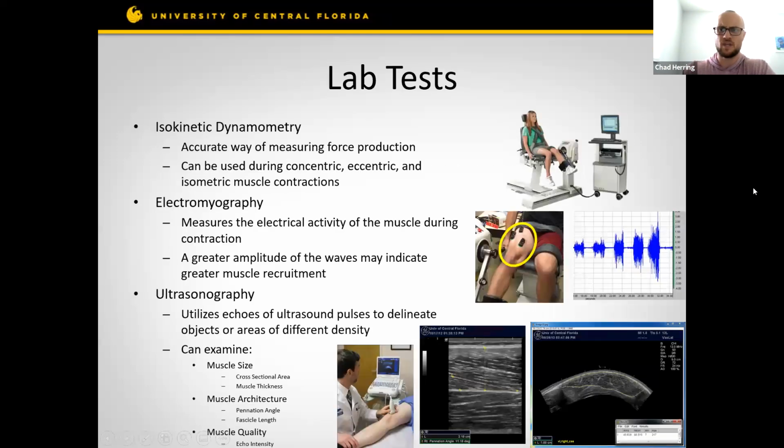Musculoskeletal testing, okay? Lab tests, a bunch of different lab tests. We'll just touch upon a few that we use in the lab. Isokinetic dynamometry, okay? This is basically the isokinetic or Biodex machine. Essentially, you can set it up at different joint angles and different types of tests. Here it looks to be a leg extension, it might be a leg curl, but essentially this machine is going to limit how fast or how slow you can move.